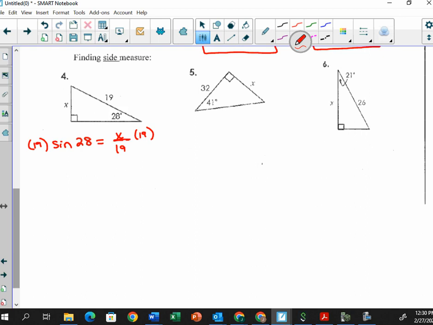We're looking for x, we're looking for sine. So if you look at the 28, the x, and the 19, is that opposite, adjacent, hypotenuse? 19 is hypotenuse. Okay, and if you're referencing the angle that's 28, what is the x? Is x opposite or adjacent? Okay, so should I use sine or cosine?